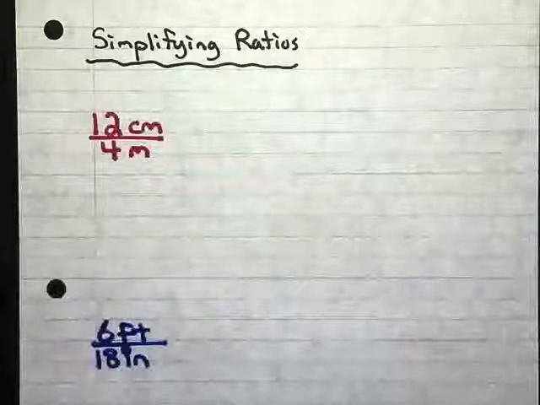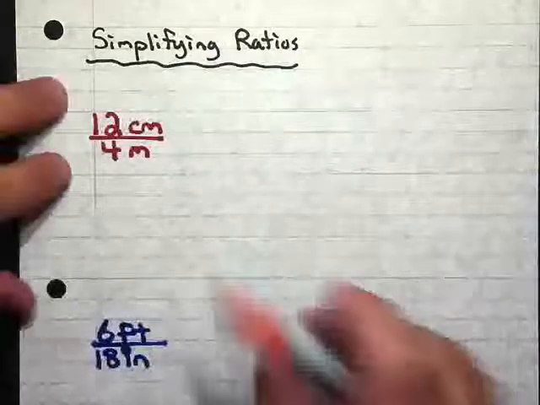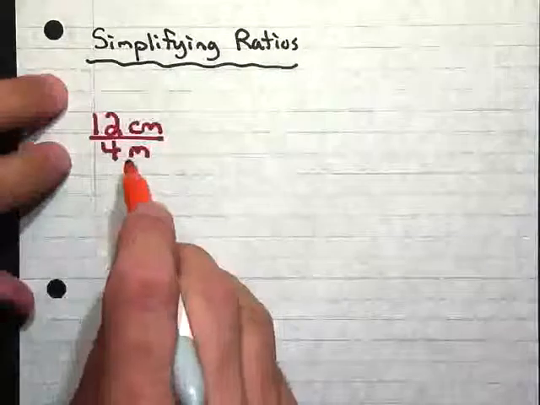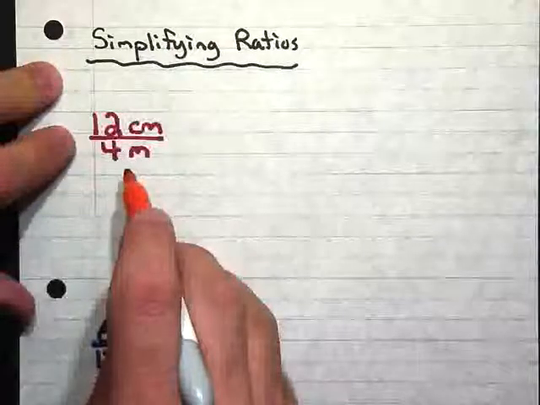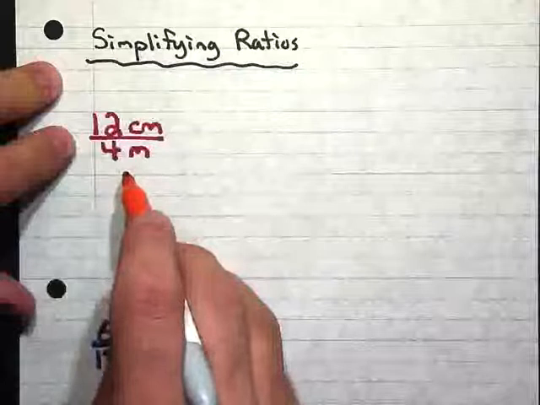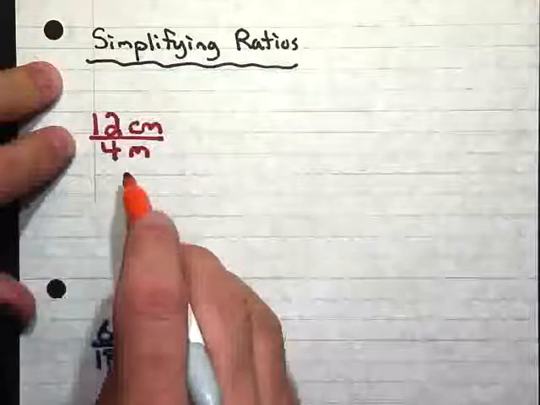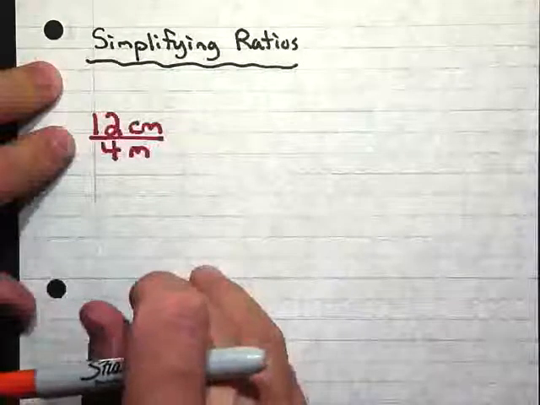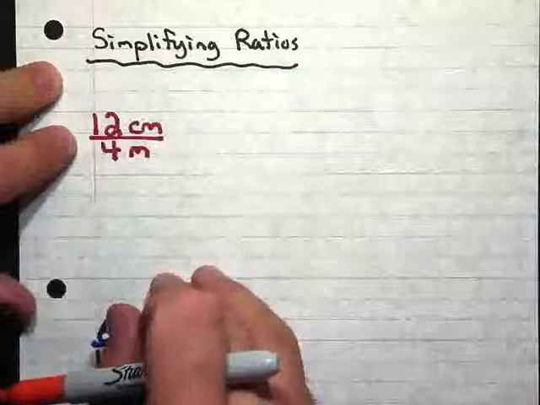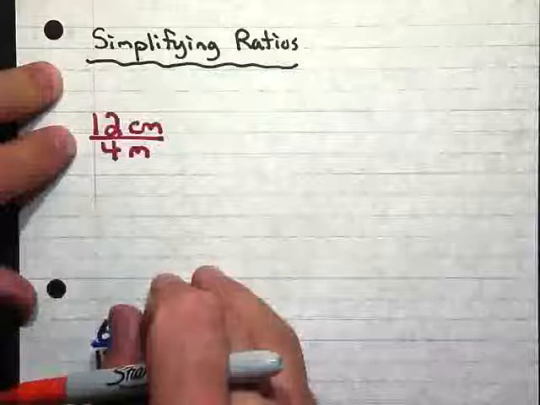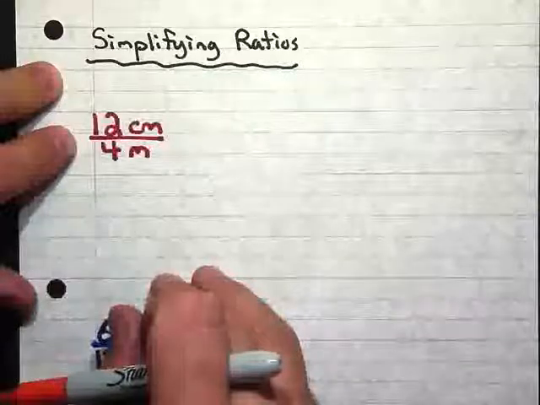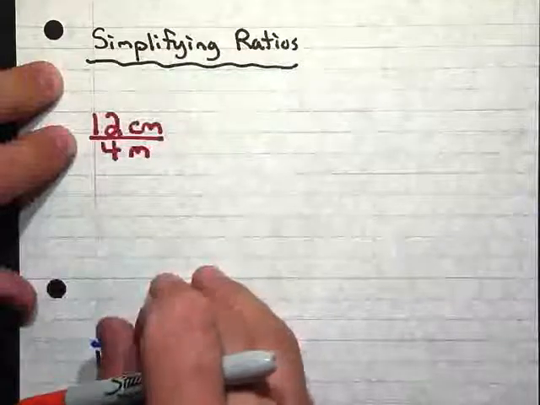Okay, so we're going to want to break this 4 meters down into centimeters. Okay, so if you look in the back of your book, you're going to see a chart that's called Table of Measures. Okay, and this is going to be where you're going to pull all your measurements off of, and in there you're going to see 1 meter equals 100 centimeters.